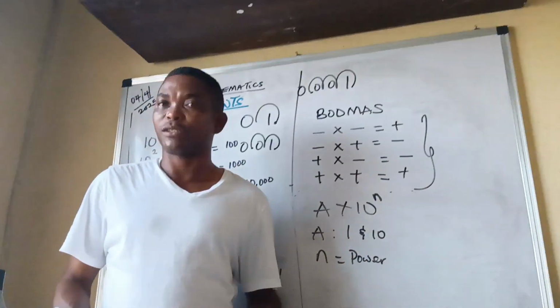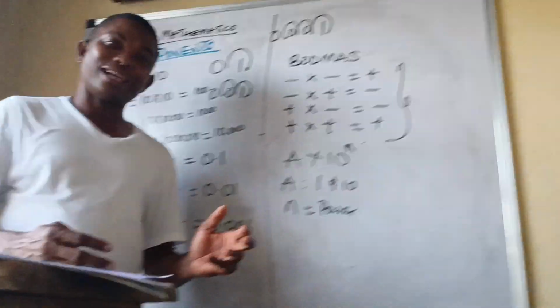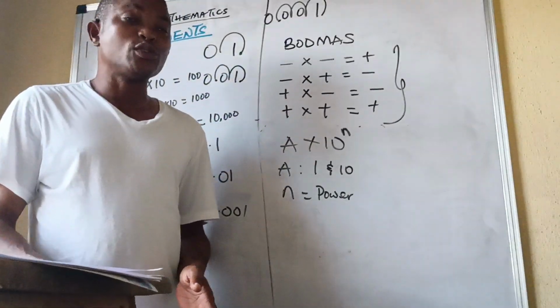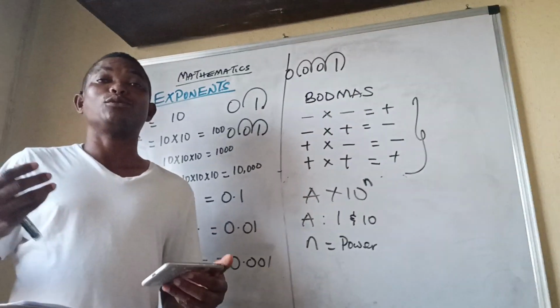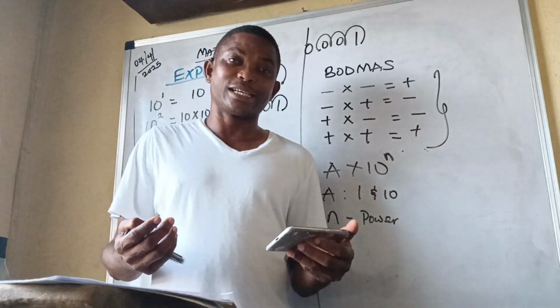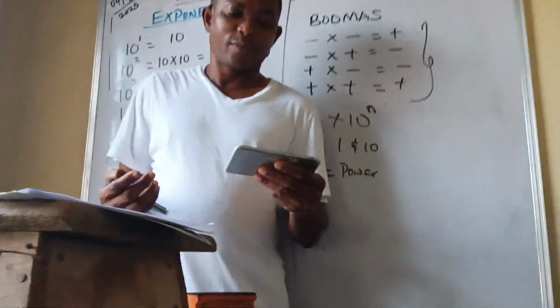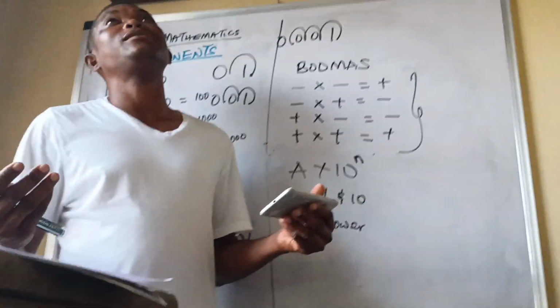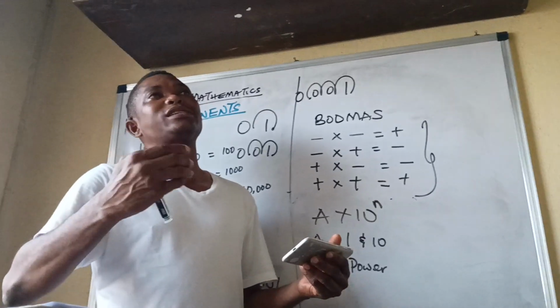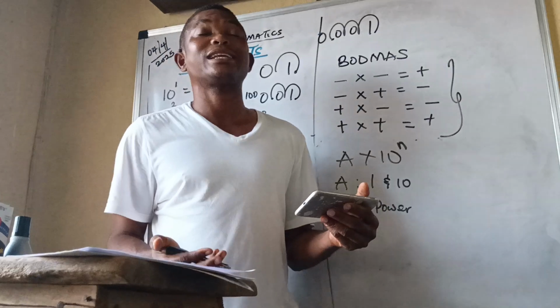If you have large numbers, we have to write them in standard form or in scientific notation. Is that taken? Because you cannot write 480 billion out in full, it will take time, but we can express it in standard form.